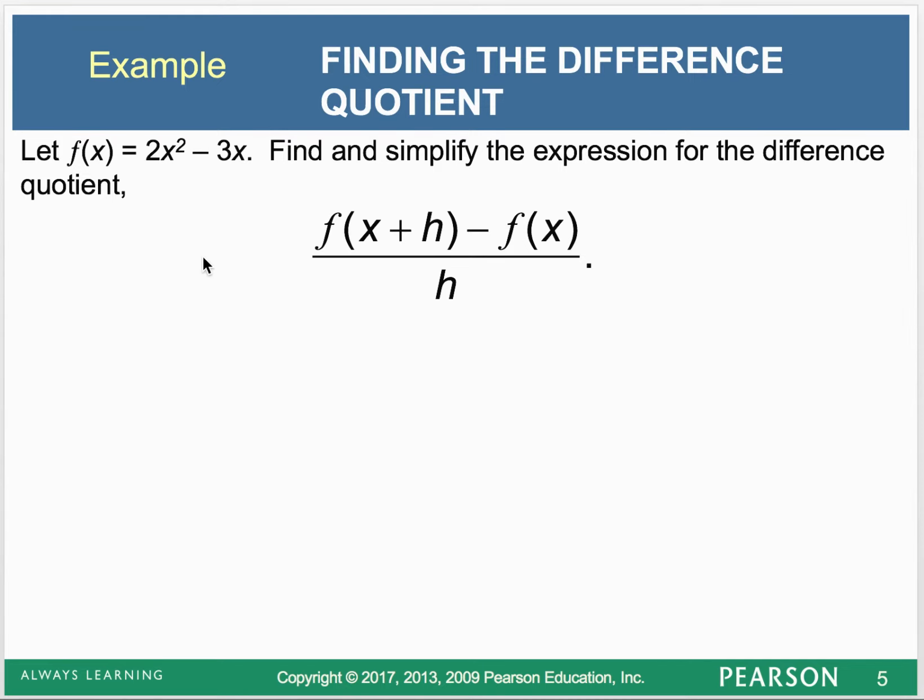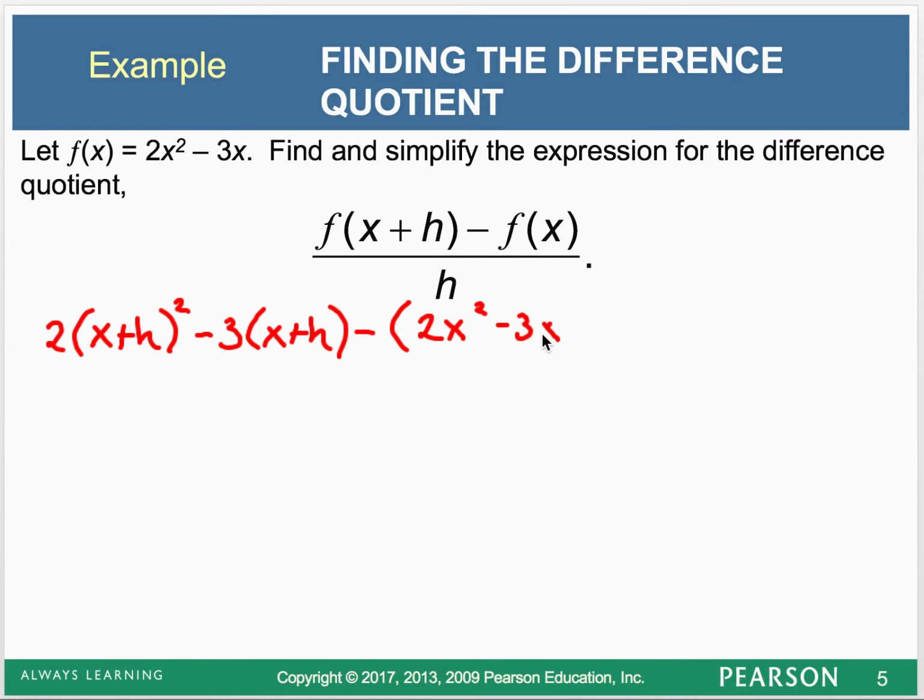So f of x plus h means I'm going to have 2, and everywhere there's an x, I'm going to put x plus h. So there's f of x plus h. And then minus f of x. So it's just as it's given to us. And then it's all over h.